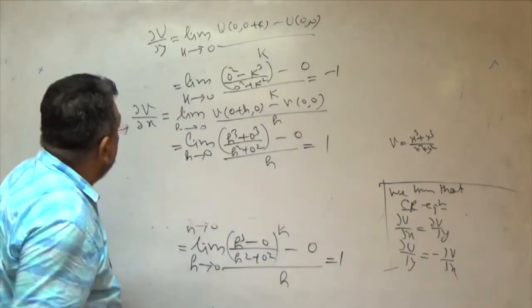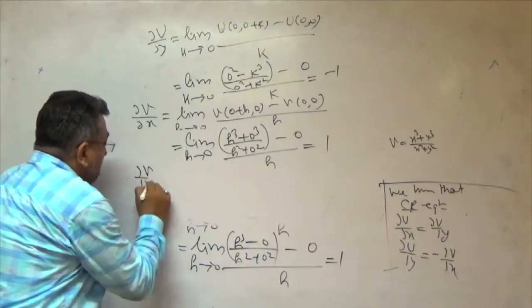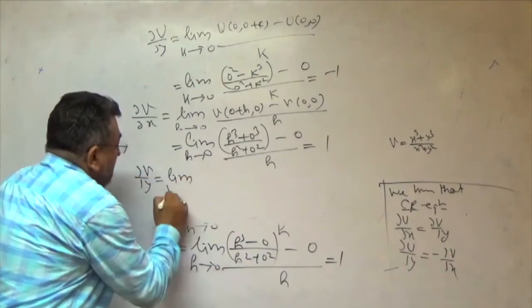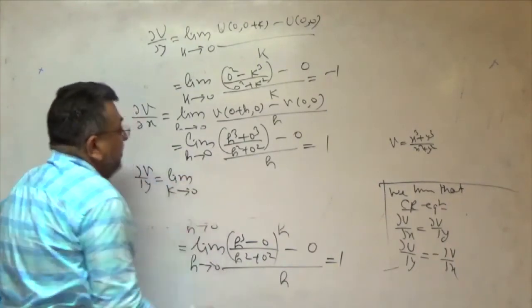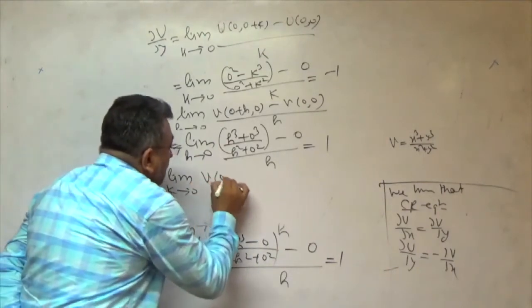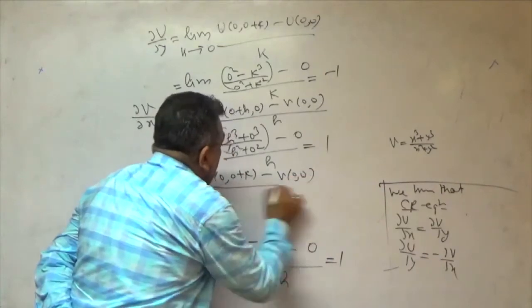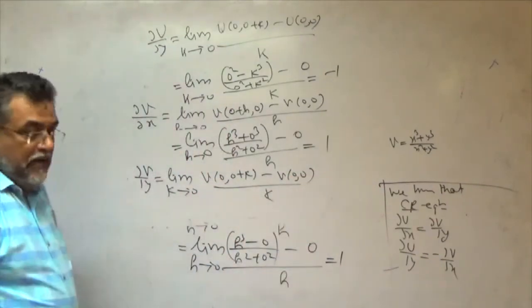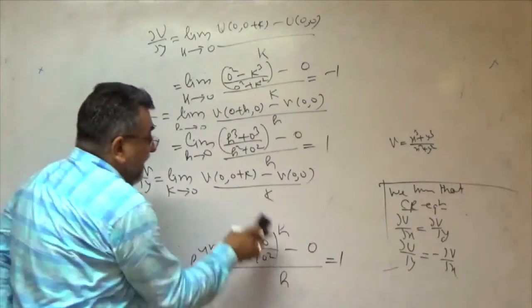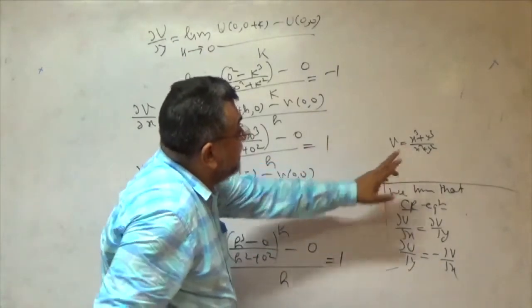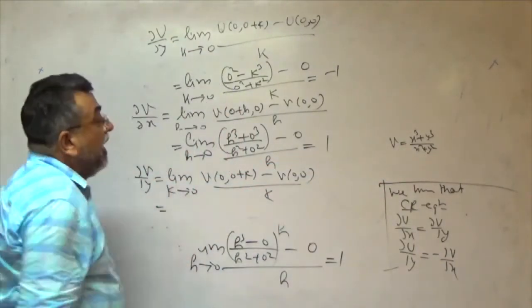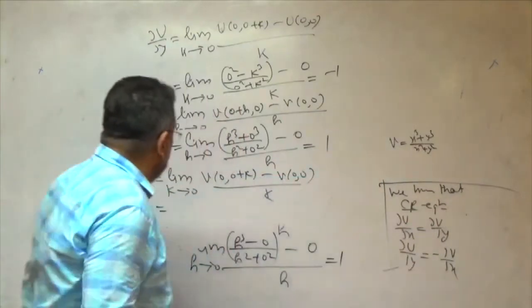Similarly, calculate del v by del y. That is the limit k tending to 0 of v(0, 0 plus k) minus v(0, 0) upon k. Now this is the value of v. Substitute again x equal to 0 and y equal to k.